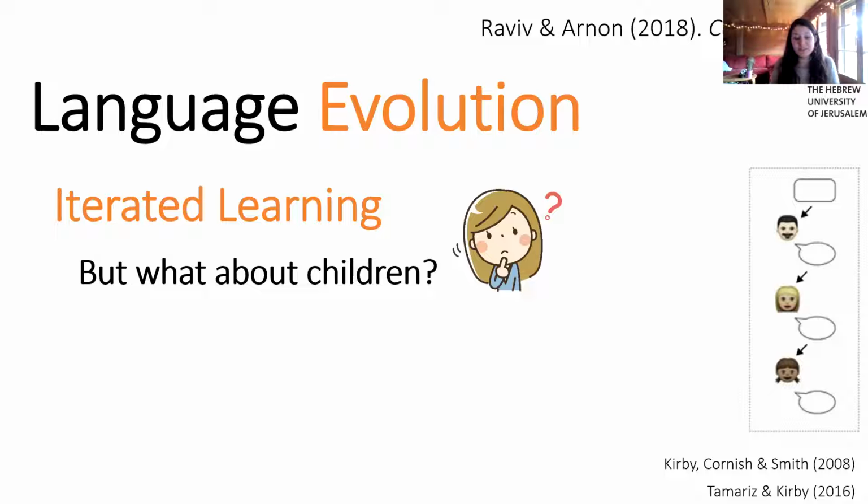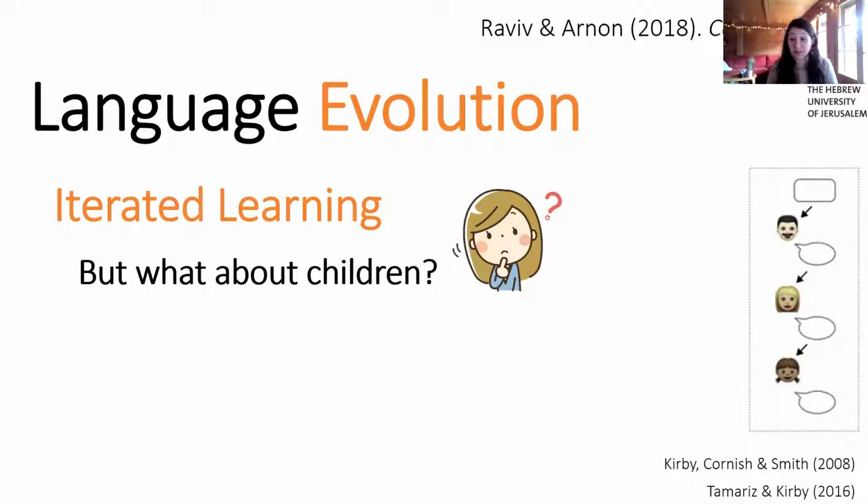And if this is true, then the findings from previous experiments might not be evidence for some process underlying cultural transmission that's responsible for the evolution of language, but rather merely the result of already mastering a language.